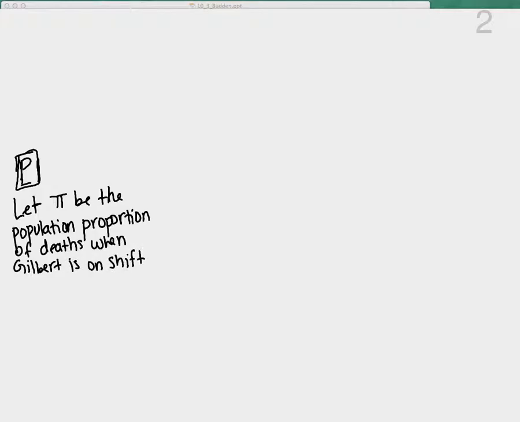That's just a fancy way of looking at Gilbert's death rate. You have to make sure that you use the symbol pi, that you use the word population, that you say proportion, and that you use context.